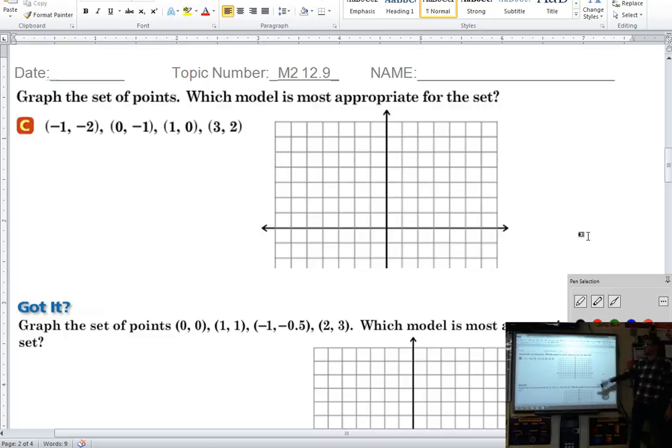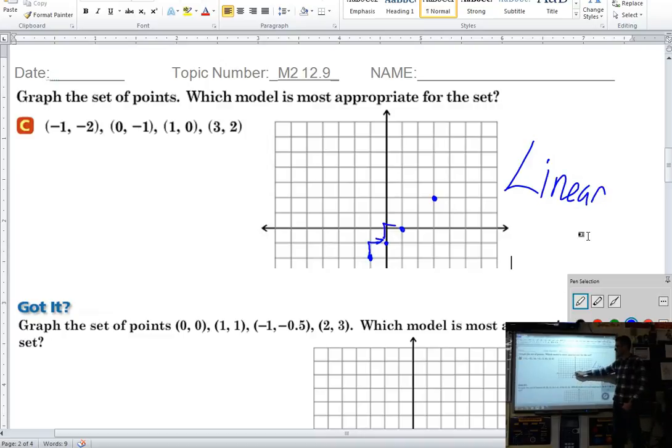So let me see if I can get all the details. Well, let's look at this guy. If I just plot the points, I've got -1, -2, 0, -1, 1, 0, 3, 2. Carmen? It's linear. This is going to be linear because we see that our function is creating a consistent slope all the way up.